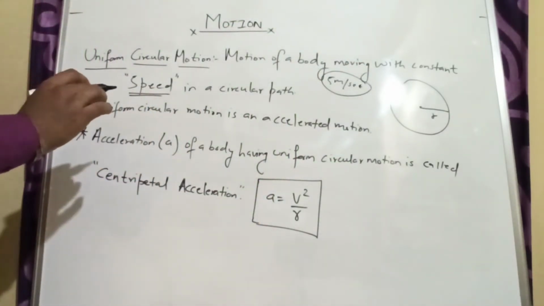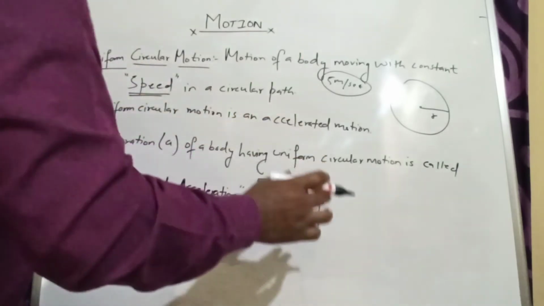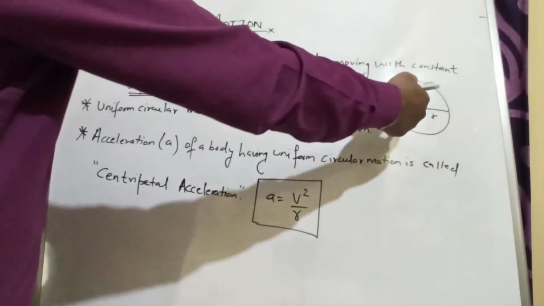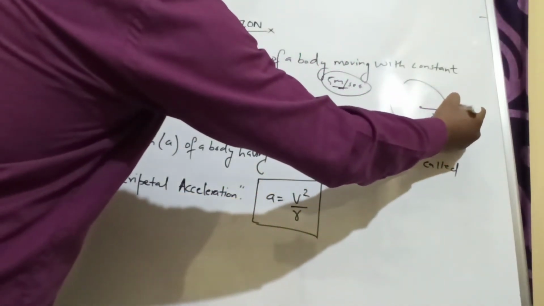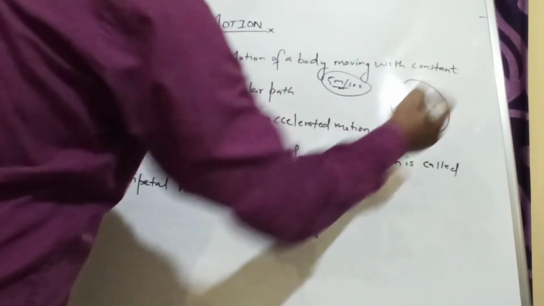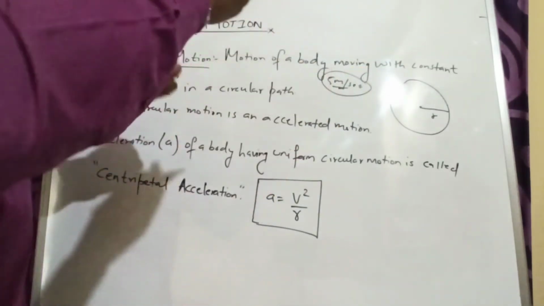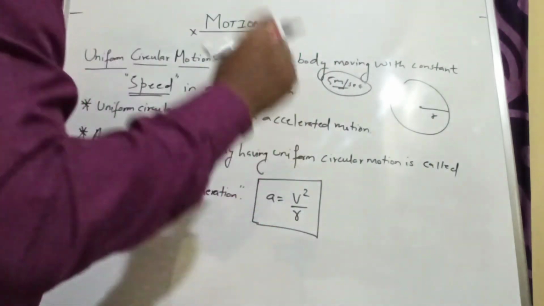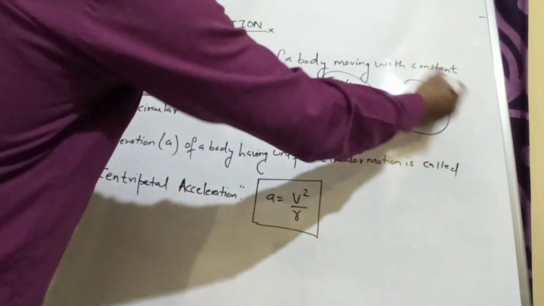This is possible, but it is not possible that the direction is constant, because in circular motion at each and every point, irrespective of how much you want to control, the direction of the object is changing. That is the reason it is undergoing circular motion.